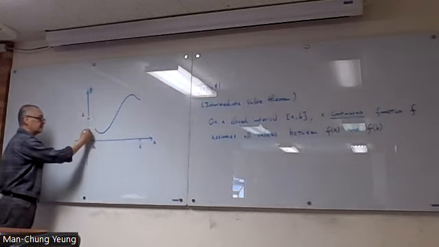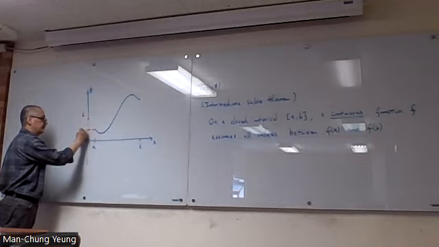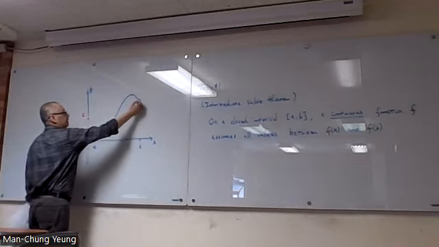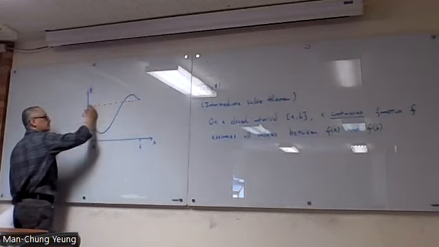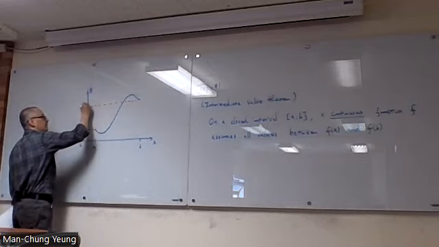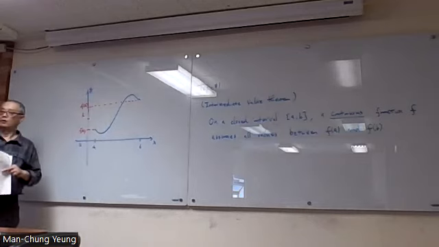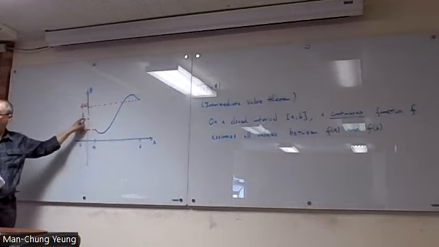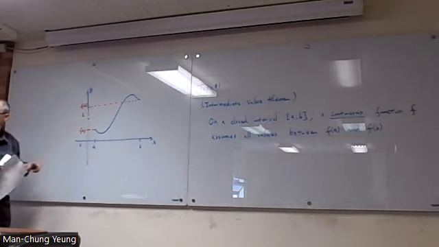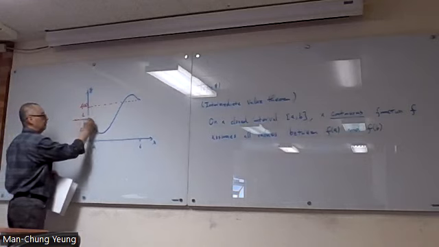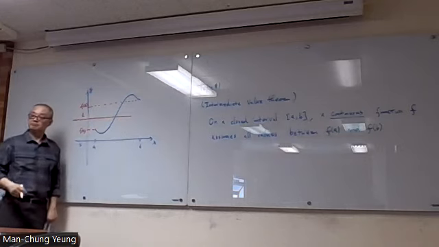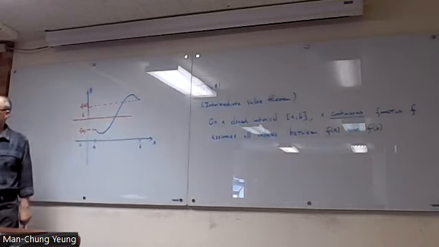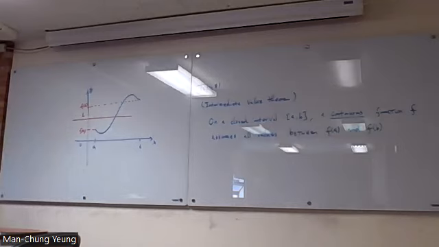This is f of A. This height is f of B. L is every point between f of A and f of B. Let me draw a horizontal line through L. Then, because the graph is continuous, the horizontal line must intersect the graph.